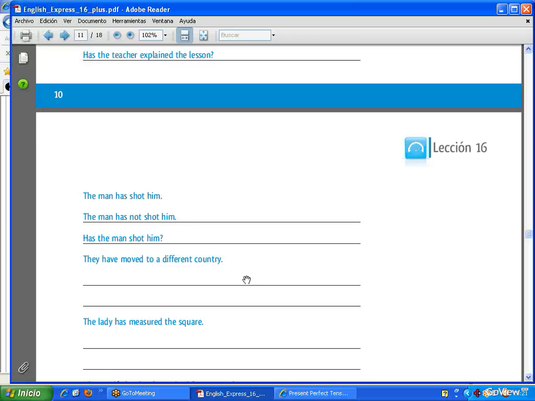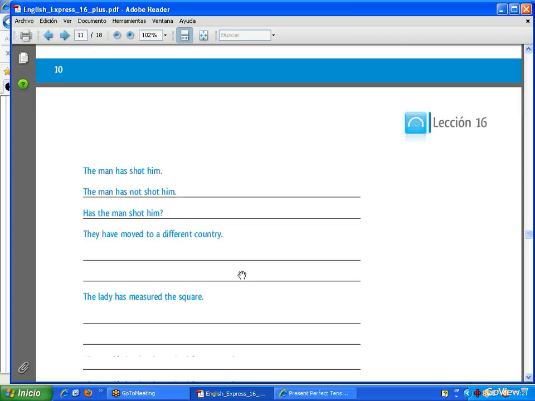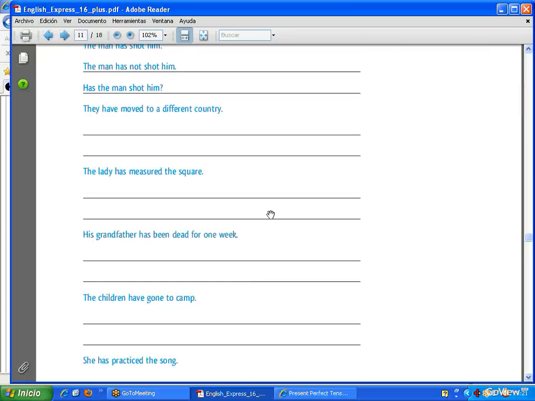Okay. His grandfather has been dead for 1 week. How do we say that? His grandfather has been dead for 3 weeks.